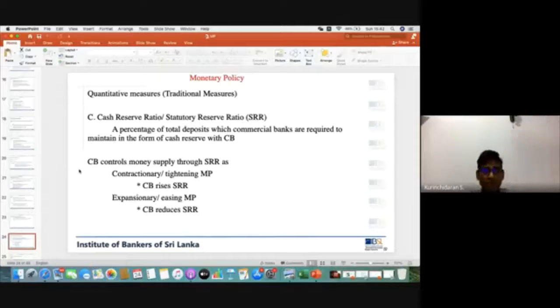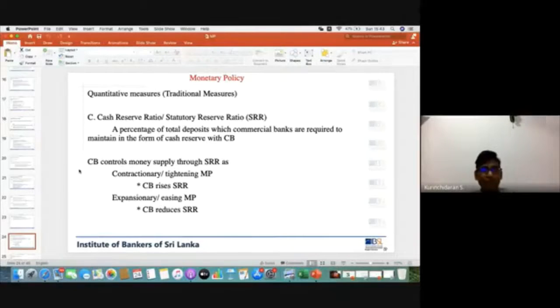All commercial banks are required to keep a percentage of their deposits in the central bank. That is what we call statutory reserve requirement. They have to keep it. The central bank will announce a percentage, maybe 5% or 2% or 10%. So the banks have to take 10% of their deposits and keep it with the central bank, or maybe 5%, maybe 2%.